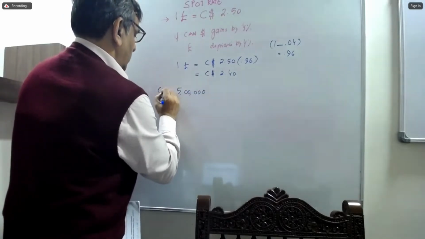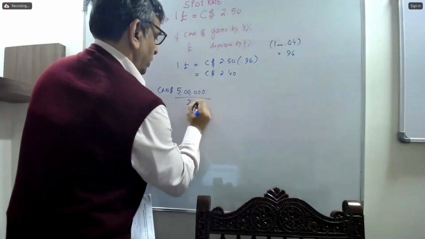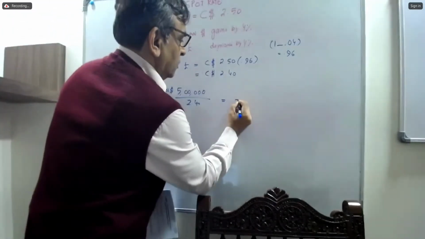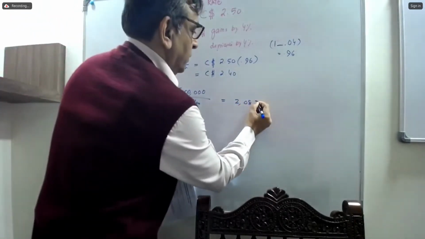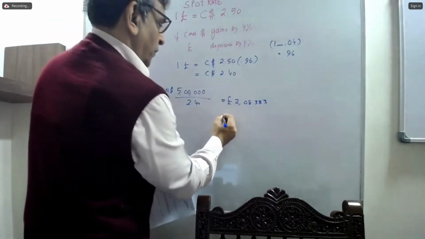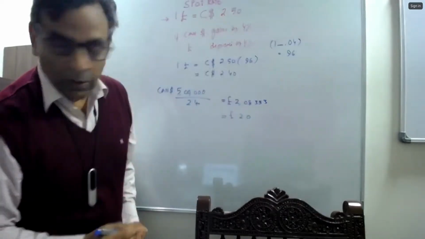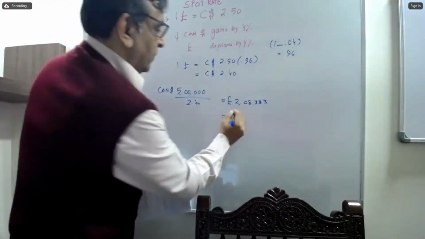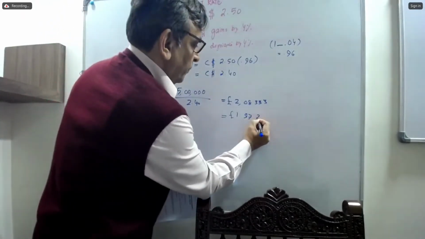Now suppose we take this amount, which is 5 lakh Canadian dollars, and divide this by 2.4. That means he's going to get 2,08,333 pounds. But he took a forward cover where he was getting 1,97,239.